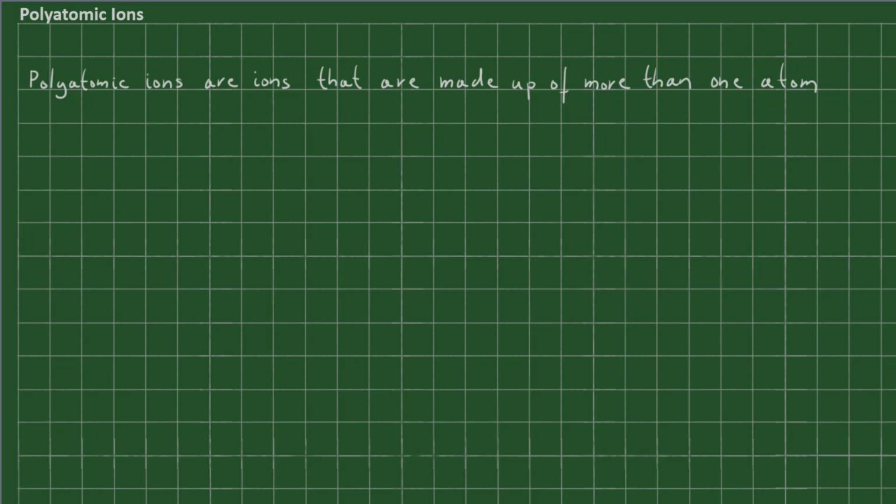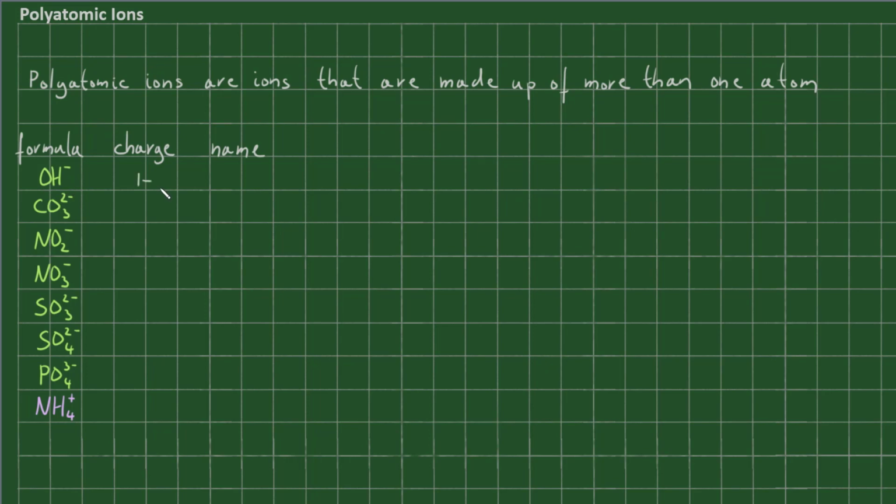So let me bring in a table. In green, I have polyatomic anions, and in purple, I have a polyatomic cation. The first polyatomic ion on this list has a formula of OH-, so it is made up of an oxygen atom and a hydrogen atom, and the overall charge is 1 negative.